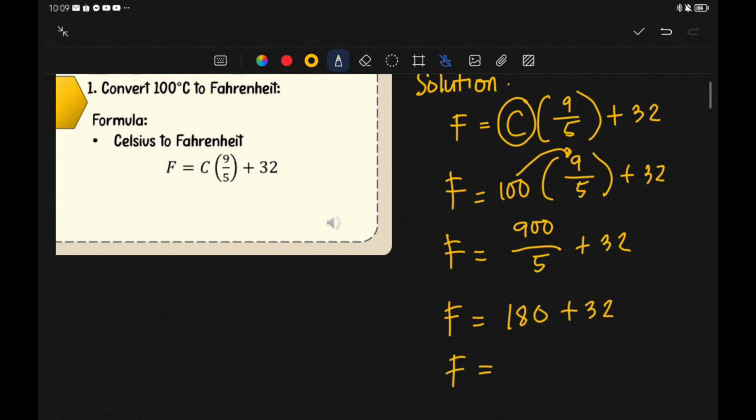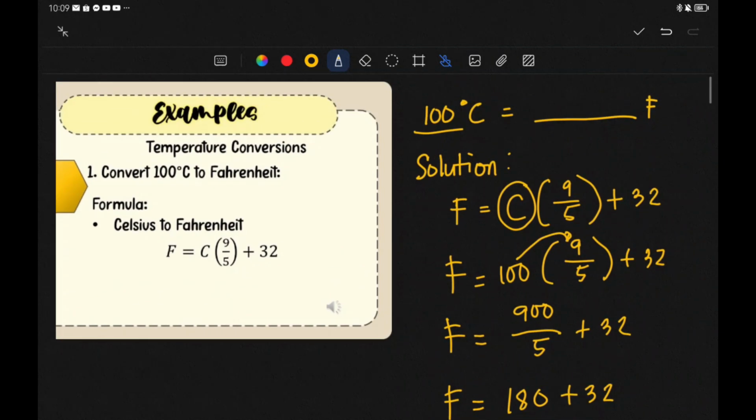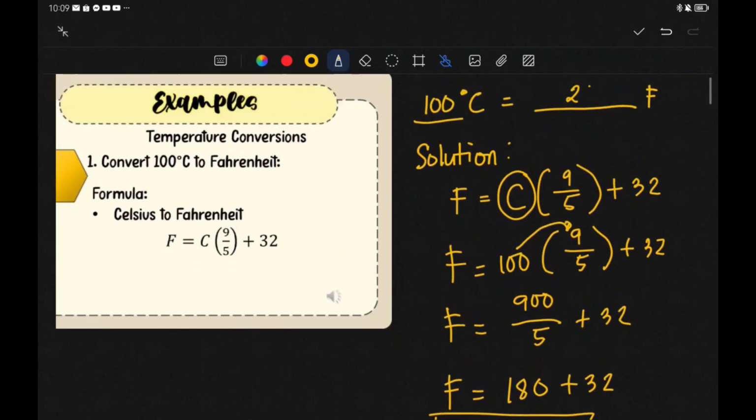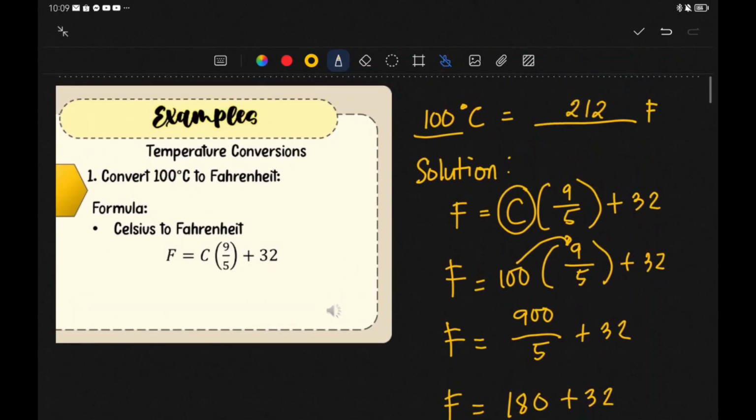So 180 plus 32, that is 212. Therefore, 100 degrees Celsius is equal to 212 Fahrenheit.